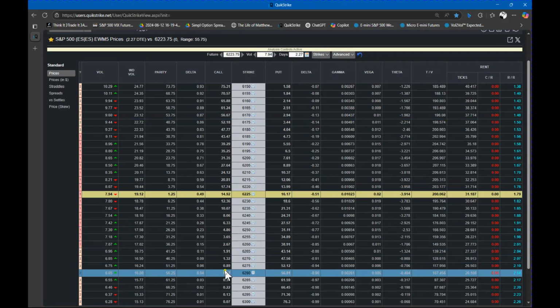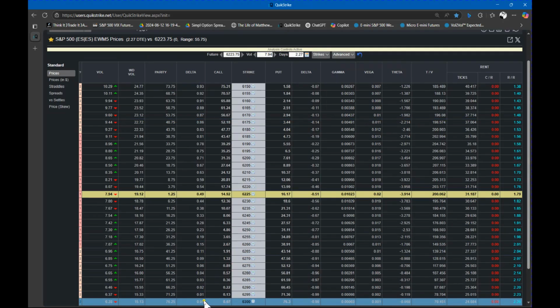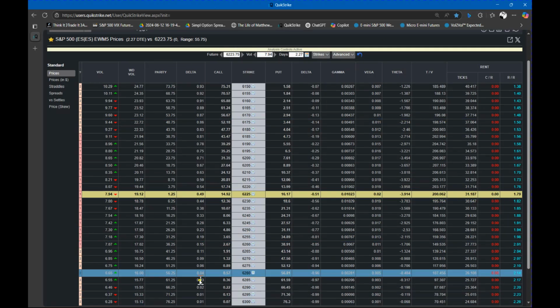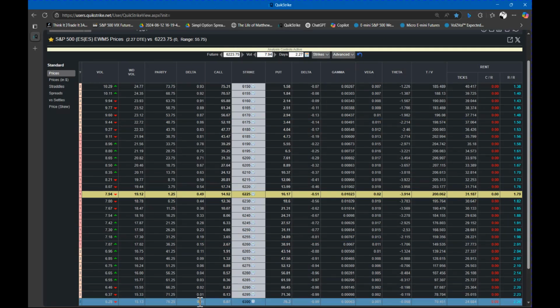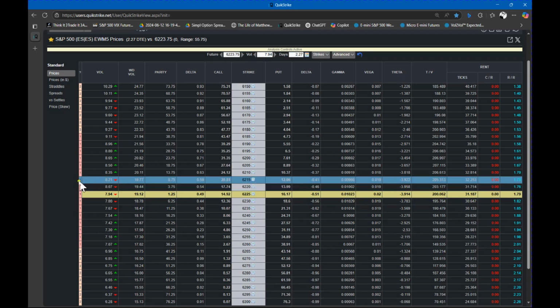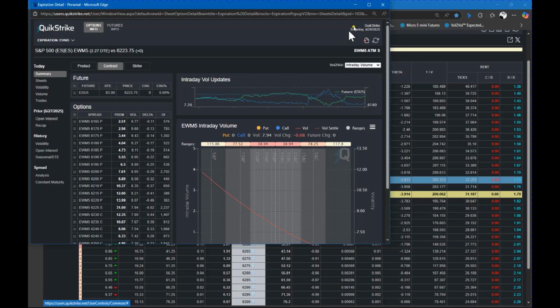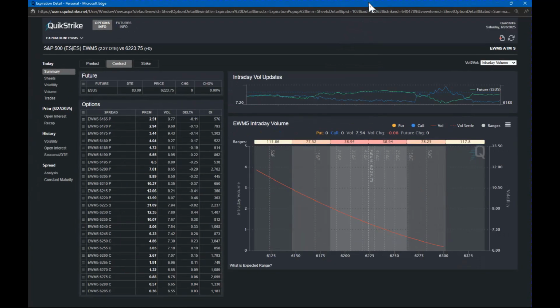Same thing on the caps on settlement. It would really be the zero, the maximum amount that they could make, but would they go all the way down there? Very hard to imagine that that would ever happen. And if we check our open interest to see if there's any contracts sitting there waiting for it to happen.